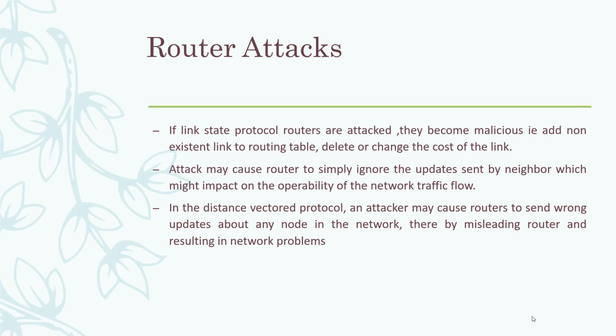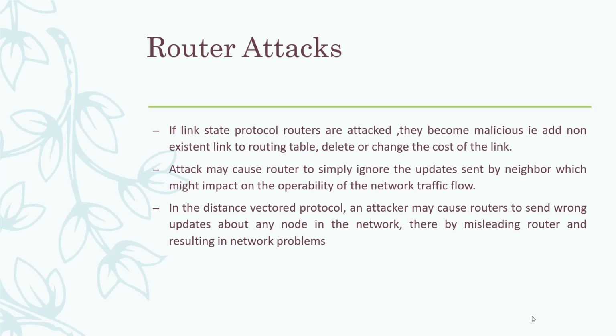In router attack, if the router is using link state protocol and the router is attacked, then the router becomes malicious and it can add a non-existent link to the routing table, or it can delete a link, or it can change the cost of a link. So this attack might cause the router to simply ignore the updates sent by its neighbors, which will impact the operability of the network and traffic flow.